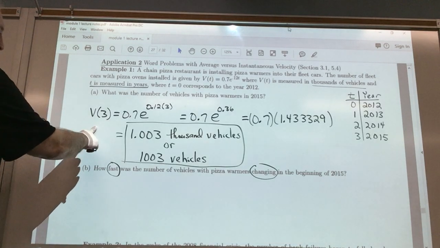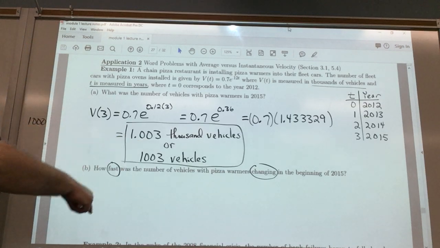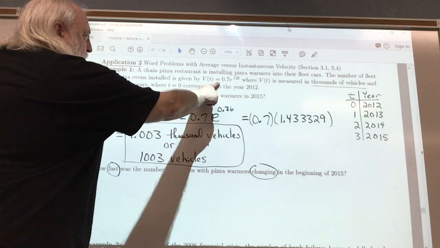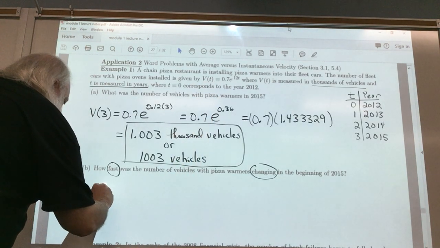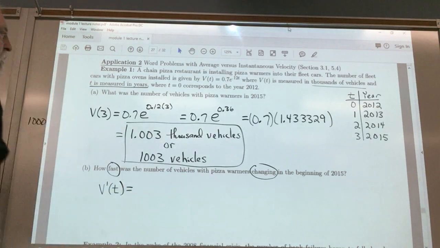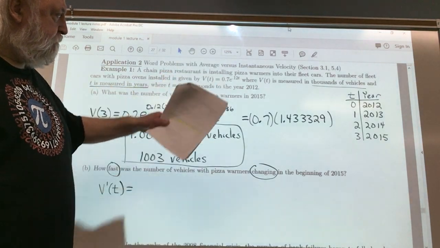So before we can calculate how fast the number of vehicles with pizza warmers was changing in the beginning of 2015, we need the derivative of v of t. And so the derivative of v of t is v prime of t. And now we're going to use the rules of differentiation to find the derivative on the right-hand side.